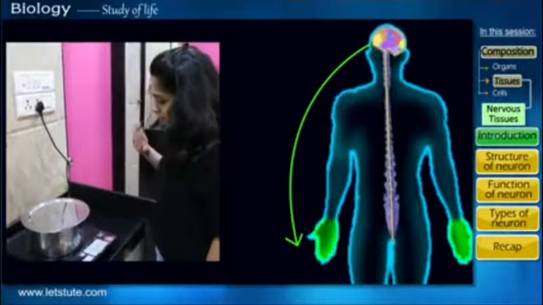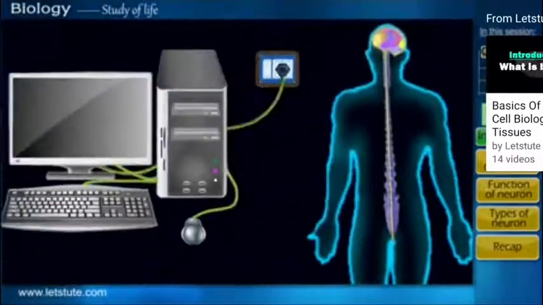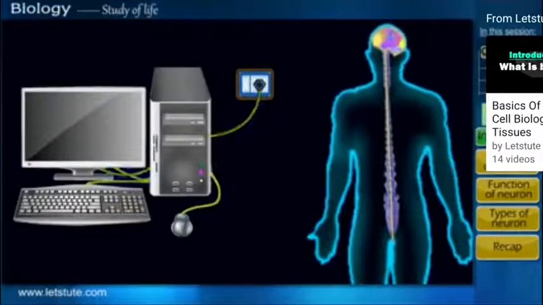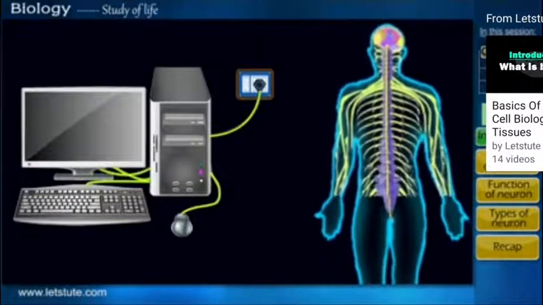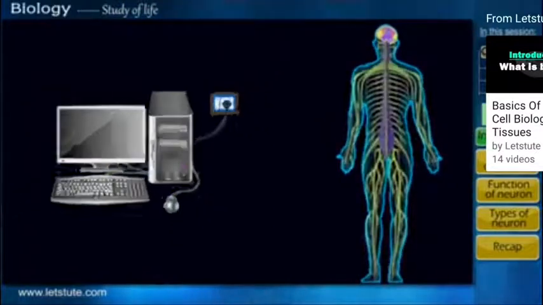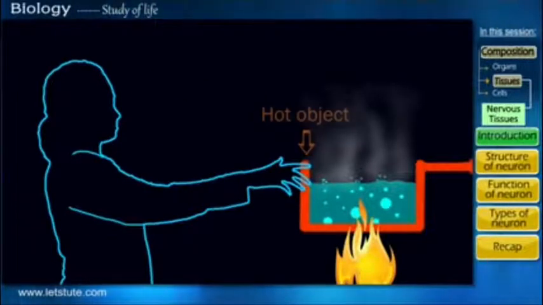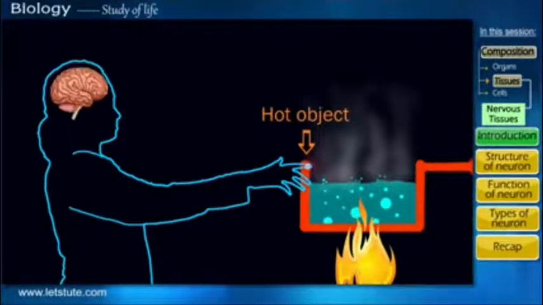See, if you touch a hot substance, within a fraction of a second you withdraw your hand. How is it possible? Like how wires are there in the computer, in our body we have wires, called nerves. Because of these nerves, we are able to respond to a stimulus.